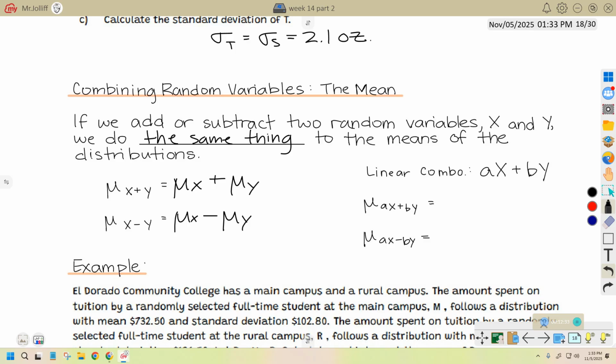If we have a linear combination of the 2 variables, a constant times one plus or minus a constant times the other, whatever we did here, we do to the means. So this becomes a times the mean for X plus b times the mean for Y, because the data was aX plus bY. I'm replacing X and Y with the means.